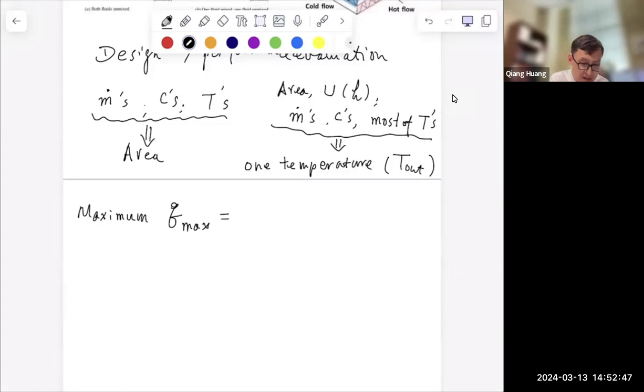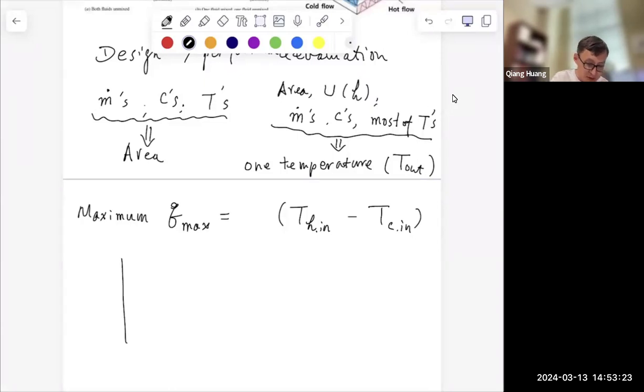The Q max depends on the two fluids: the hot inlet temperature minus the cold inlet temperature is the maximum temperature difference. In the maximum condition, you can only make one of the fluids reach a temperature that is the same as the inlet temperature of the other fluid.